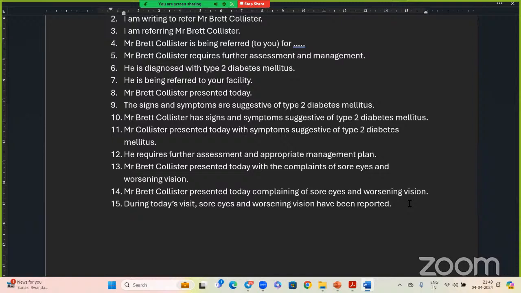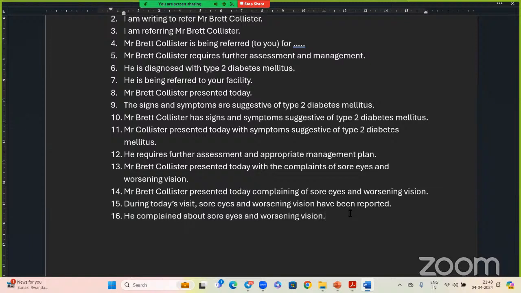He complained about, or you can say, he complained about sore eyes and worsening vision. Or he reported about, he mentioned about, he informed about.